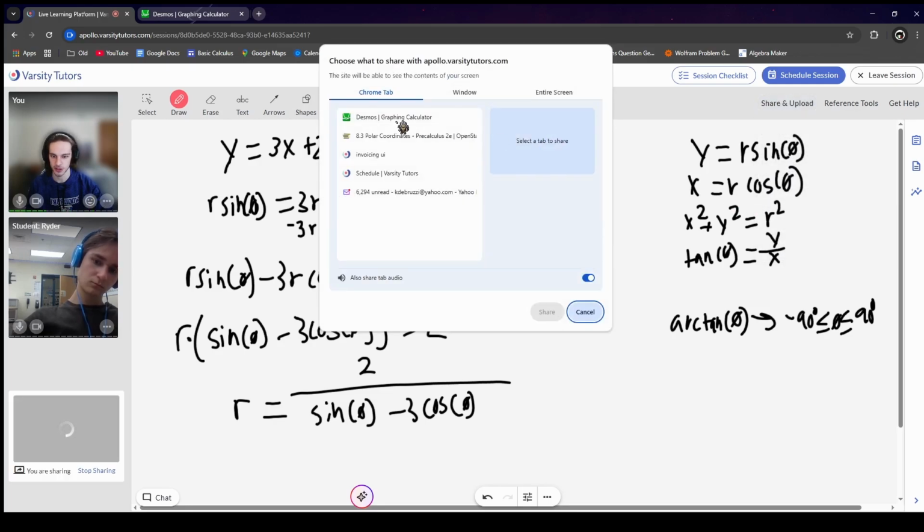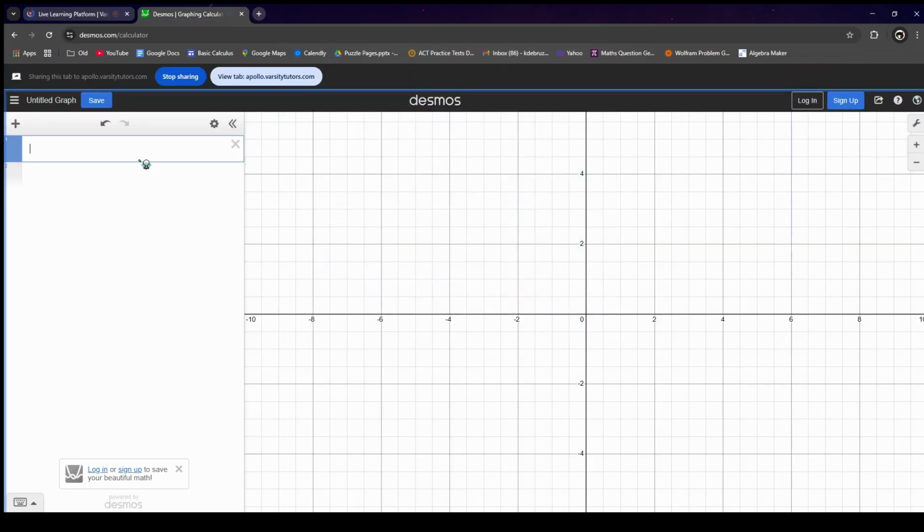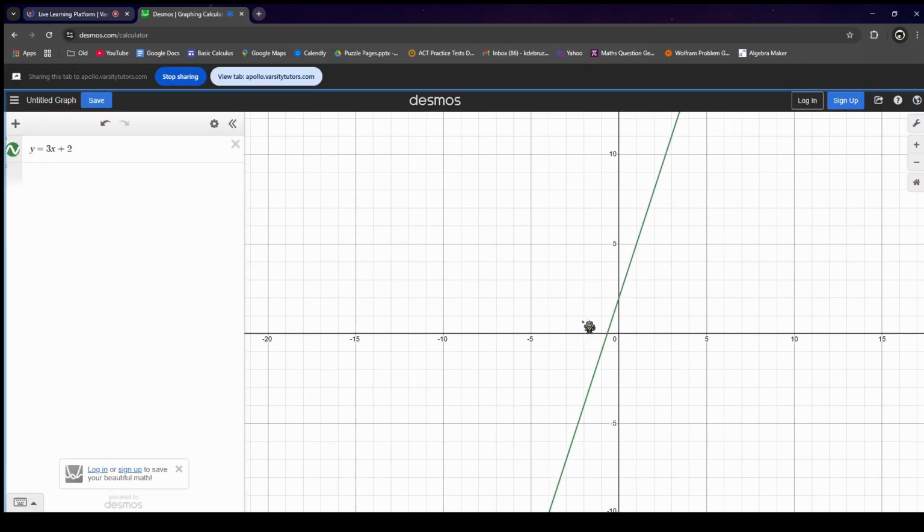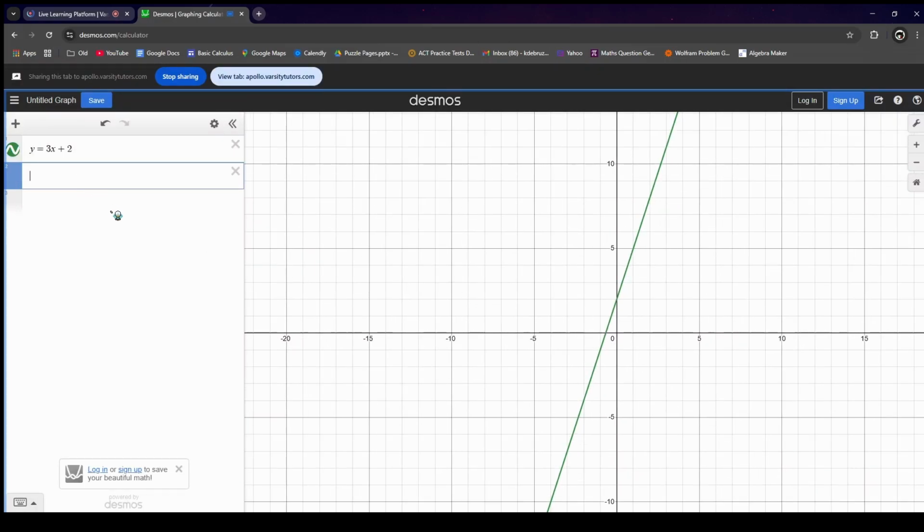So I'm going to share Desmos with you. We had y is equal to 3x plus 2. This is a normal line, so we expect that. Desmos allows us to graph in polar if we have r.